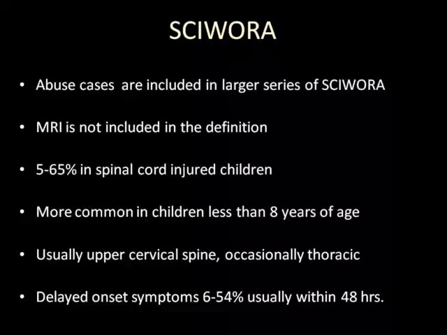It's not uncommon. It's estimated to occur in up to 65% of children with spinal cord injury. It's more commonly seen in young children, and it's typically observed within the cervical region rather than the thoracic spinal cord. And most importantly, delayed onset of symptoms of myelopathy is not uncommon.